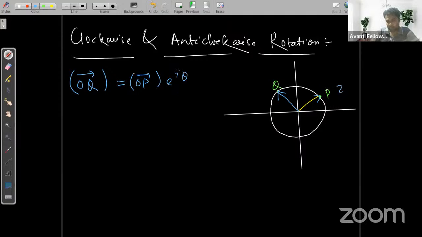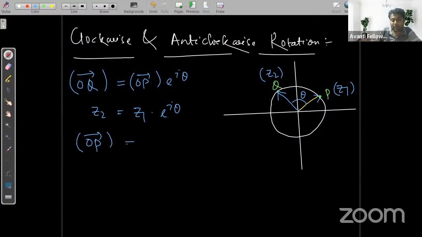Or if you take Z1 and this is Z2, then Z2 is equal to Z1 into e to the power I theta, if this angle is theta. Yes or no? Similarly, conversely, we can say the OP vector is equal to the OQ vector into e to the power minus I theta.